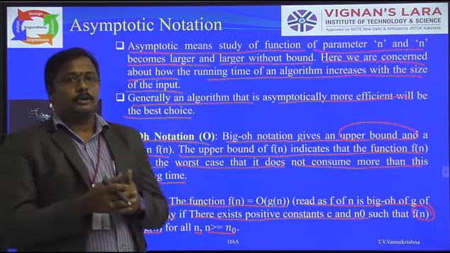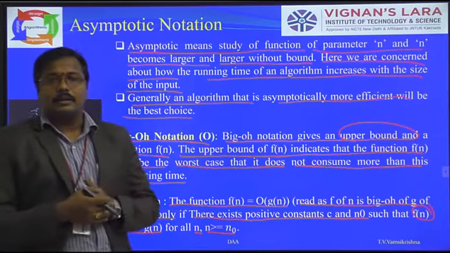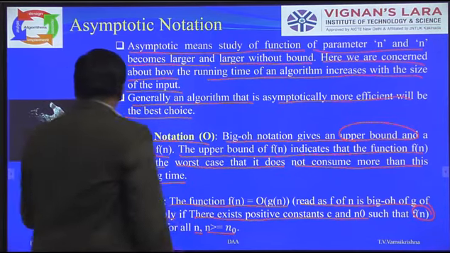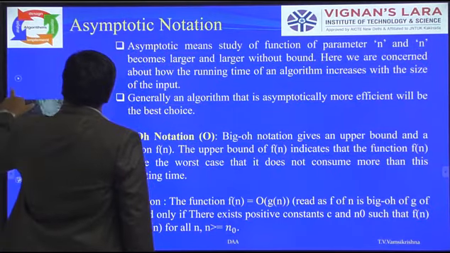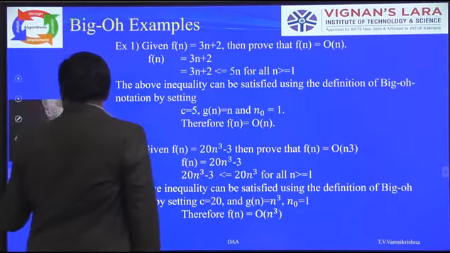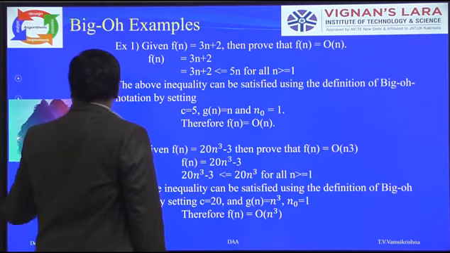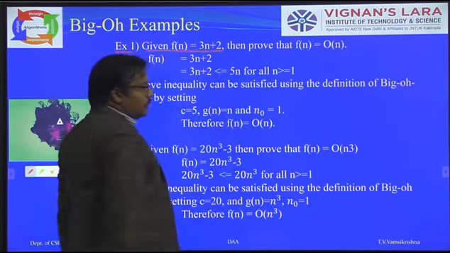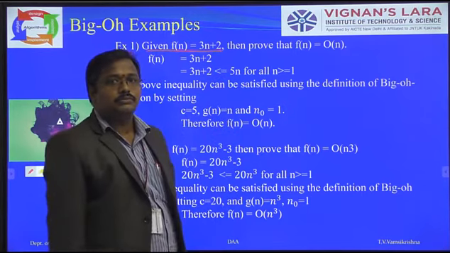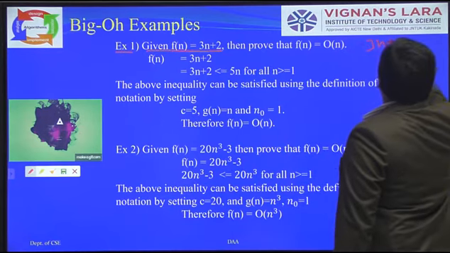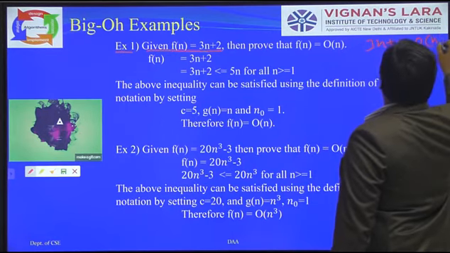When we move to the problem, you can easily remember the definition of big O. So this is a small problem. For example, f of n is equal to 3n plus 2. I want to say 3n plus 2 is equal to big O of n.